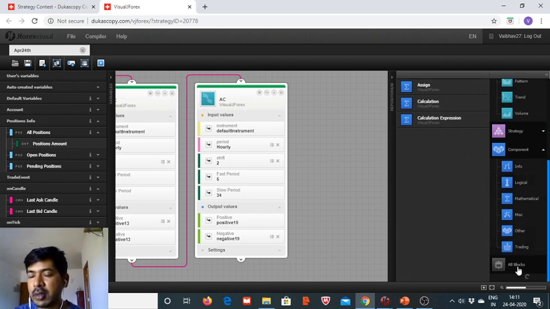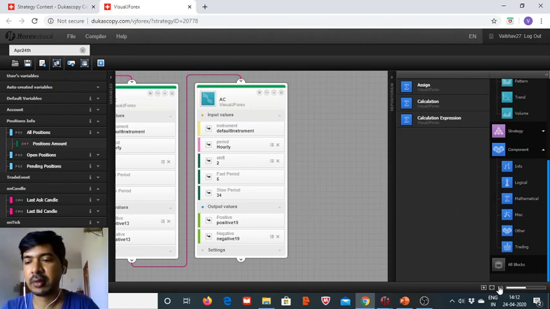All blocks, let us see. Let us try searching for it. It is taking time to load. And if it hangs, then we will be in trouble.